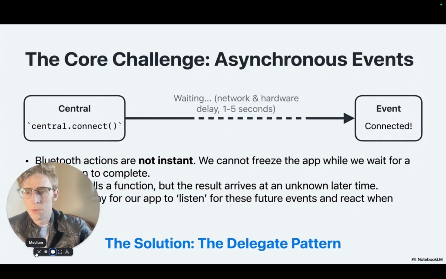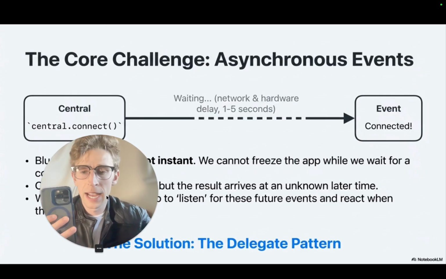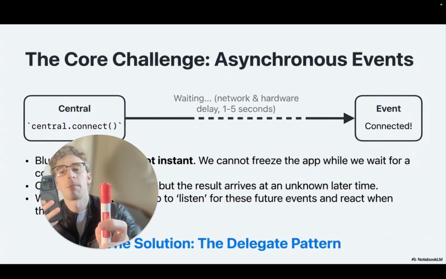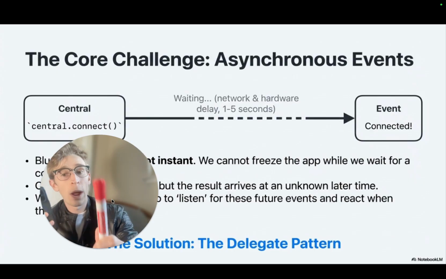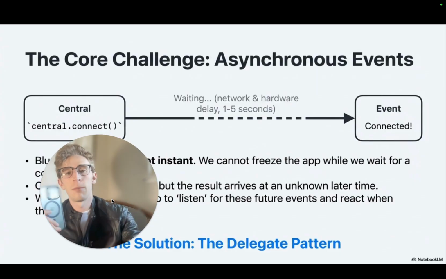Let's say you have your central device and you call central.connect. So you found a Bluetooth device in the vicinity. That's this guy, and you say, "Hey, connect, man," and it's connecting to the device. Now you have to wait around for some unknown amount of time for these two devices to open communication.